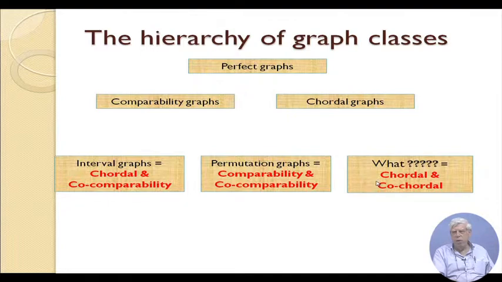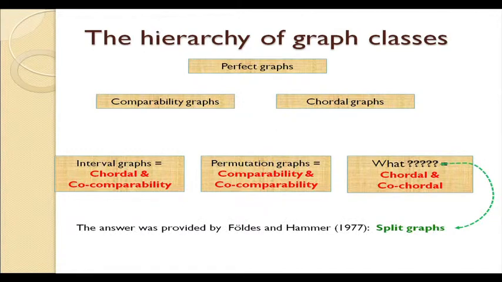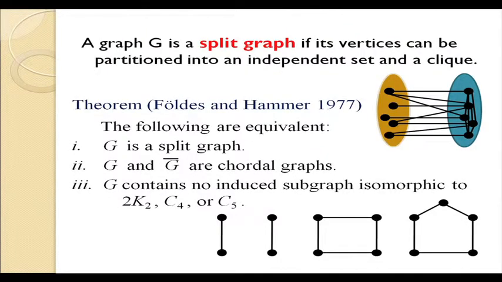What would be chordal and complement chordal? And that answer is the class of split graphs. And this was discovered and published in a paper by Foldes and Hammer. Foldes was a student of Hammer at the time. So let me tell you what a split graph is.